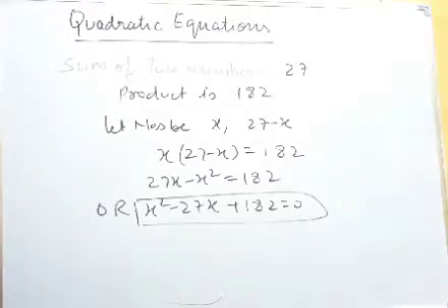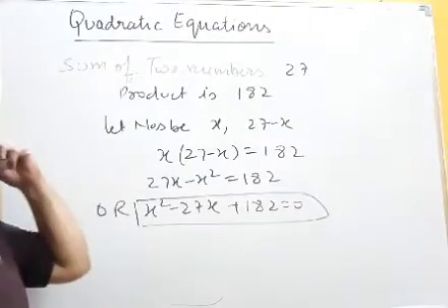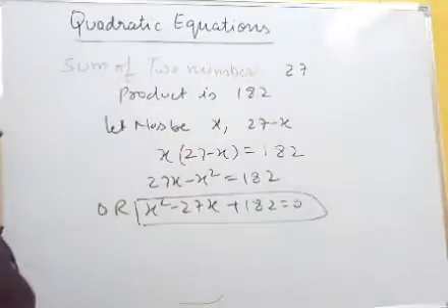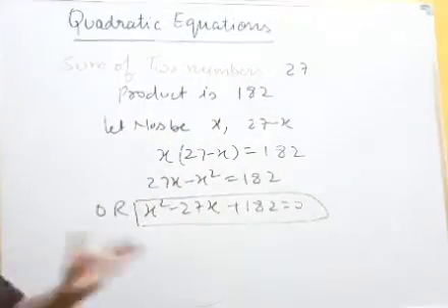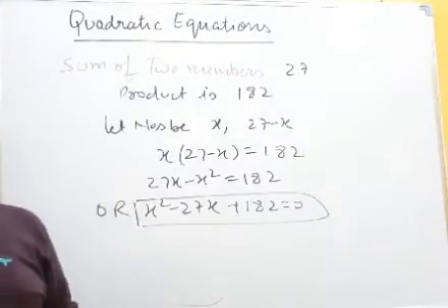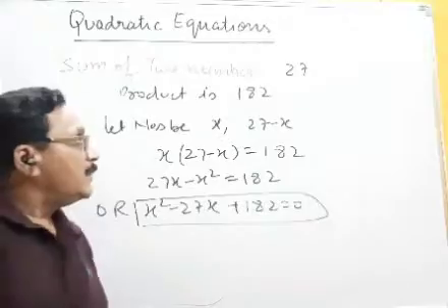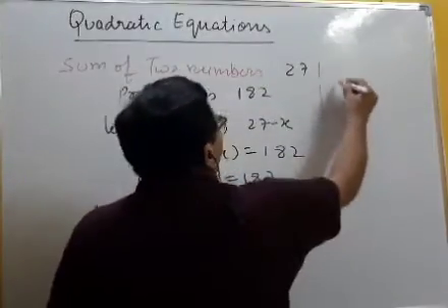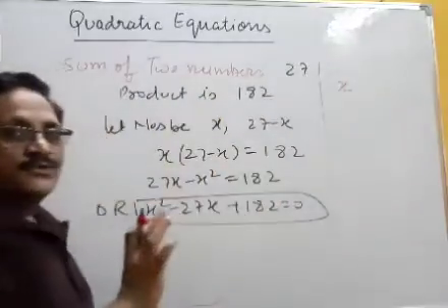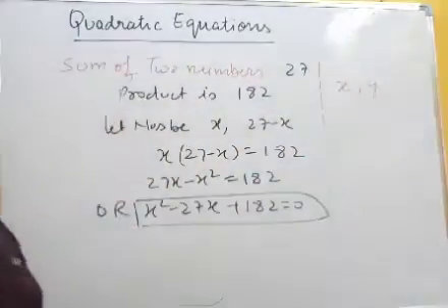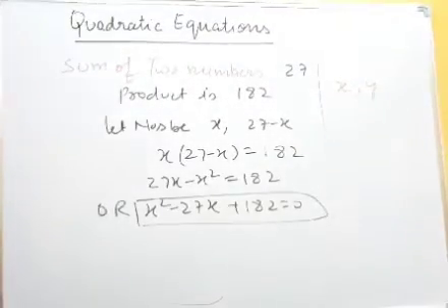Is it clear? Now maybe a question is in your mind: sir, you have taken 27 minus x, but we have already studied chapter number 3, where there are two variable equations. So suppose like that; I am writing with another plan. Let the first number be x and the other number be y.